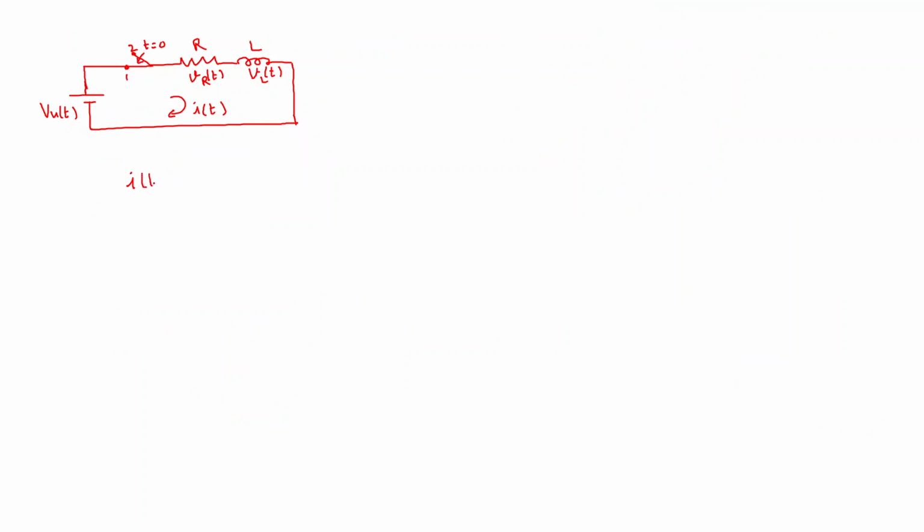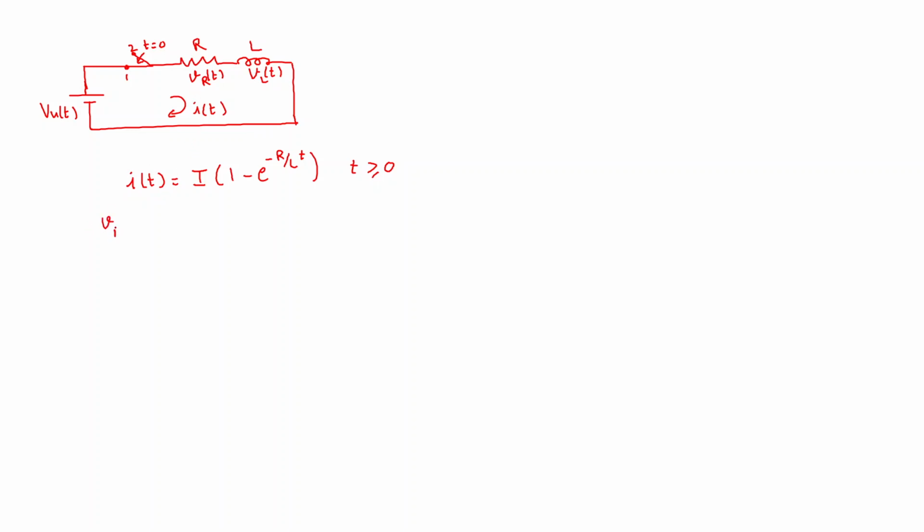So the current equation I of t is nothing but V by R, which is capital I, into 1 minus e power minus R by L into t for time t greater than or equal to 0. Now let me find the voltage across the resistor. VR of t is nothing but I of t into R. So this I of t into R will give you the voltage across the resistor.